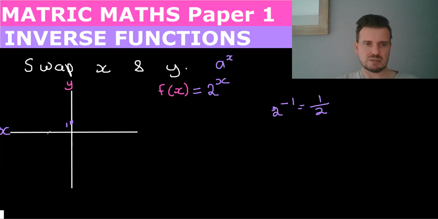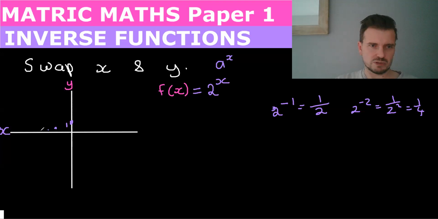So as x becomes negative, you actually get smaller and smaller. 2 to the -2 would be 1/2 to the 2, which is a quarter. So we're getting smaller and smaller on this side. But it never actually touches, because no matter what x is, x could be minus a million, it'll just be 1/2 to the million, which is a very, very small number.